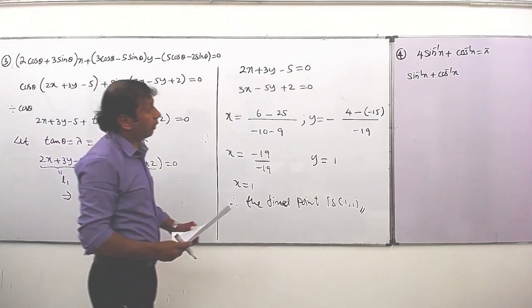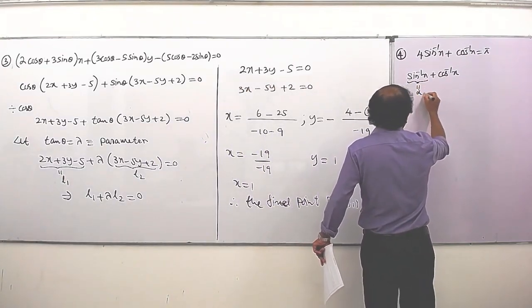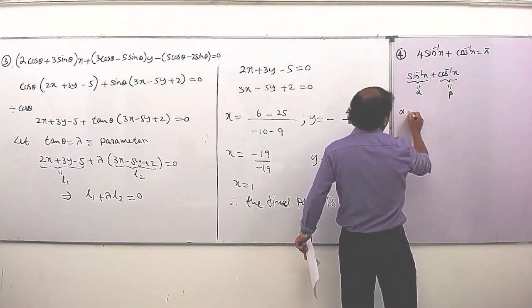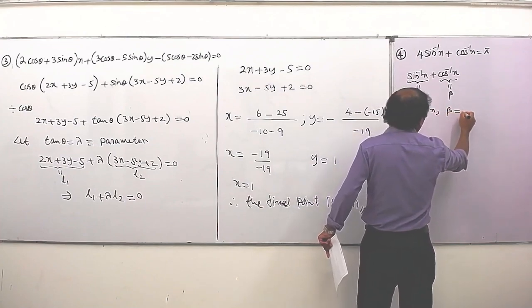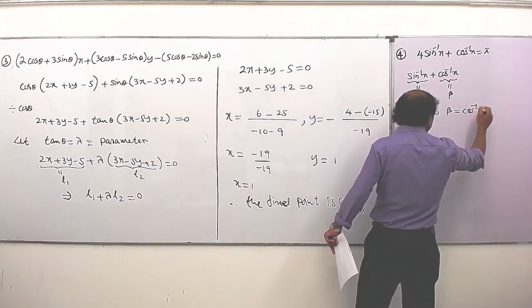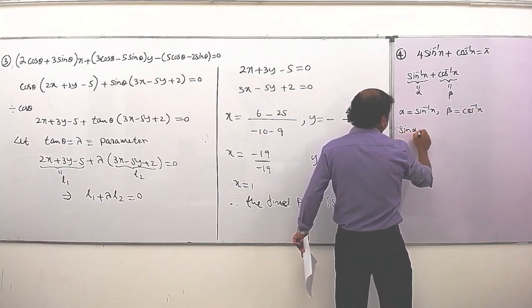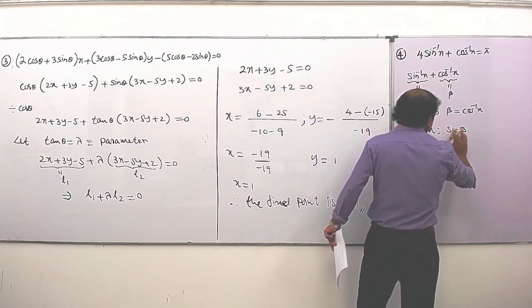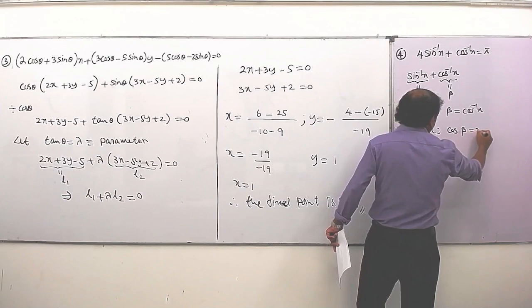I'll take this one as alpha and this one as beta. That means alpha is sine inverse x and beta is cosine inverse x. Taking the inverse to this side, sine alpha is x, and cos beta is also x.